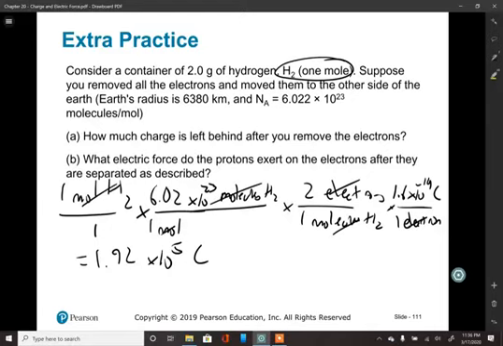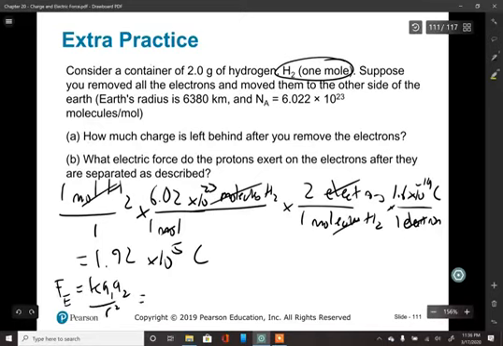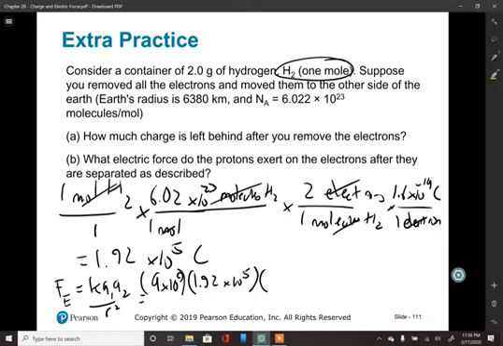Well, let's calculate that. So k Q1 Q2 over r squared. k is a constant, that's not changing. Q is the charge of the protons, which we just found. And the charge of the electrons is the same magnitude but the opposite sign.